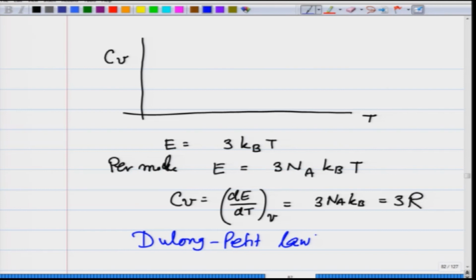So, what one expects from this is that Cv is constant, equal to 3R, which is roughly 24 joules per Kelvin.